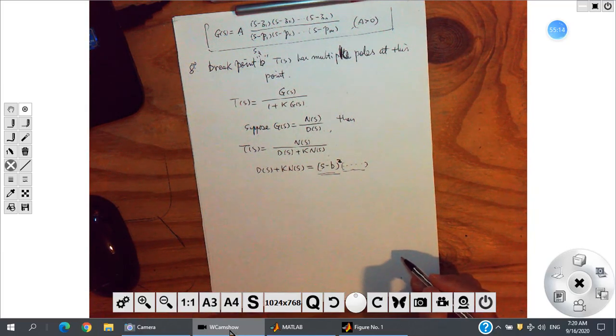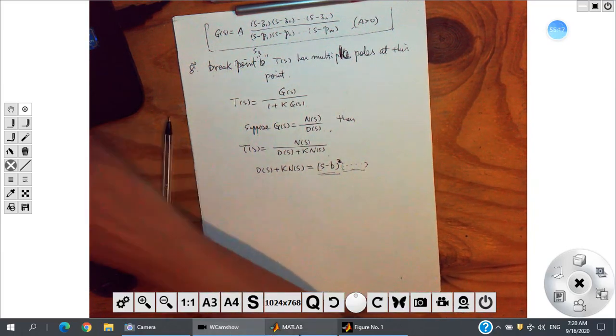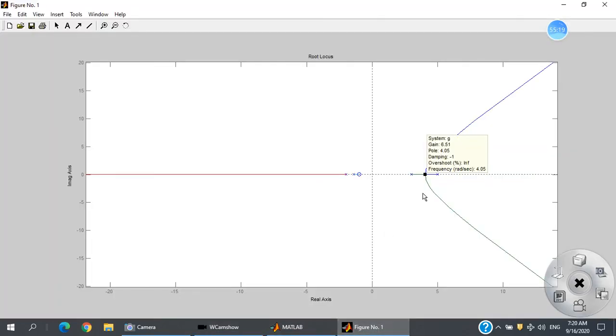Now, how to find the exact value? Here we have a graph, but this graph is obtained by numerical calculation, so it is approximate. If you click on it, it is an approximation of an approximation, because when you click you will have some error. Here, when I click, the pole is at 4.05 and the gain is 6.51.